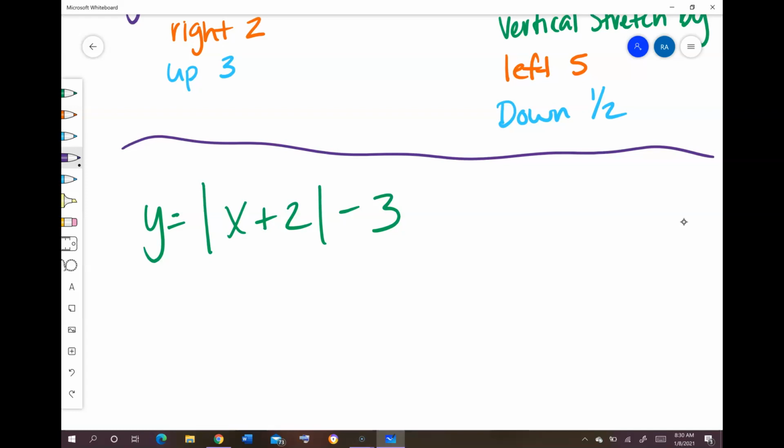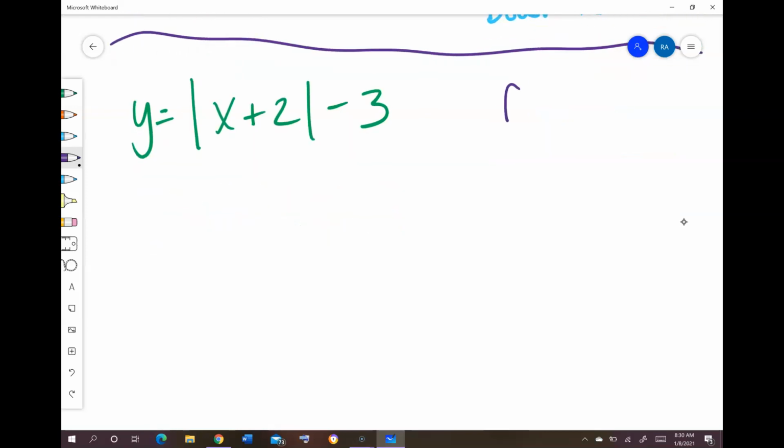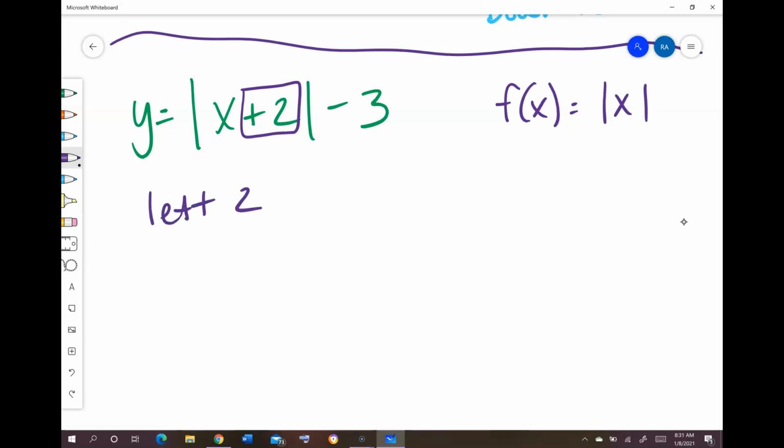We'll get more to absolute value next week. But the function here is the absolute value of x. So whatever's not the function is a transformation. So this plus 2 is a transformation. It's on the inside of the function, so that means I went left 2. This guy's on the outside of the function, he's a minus, so you went down 3.